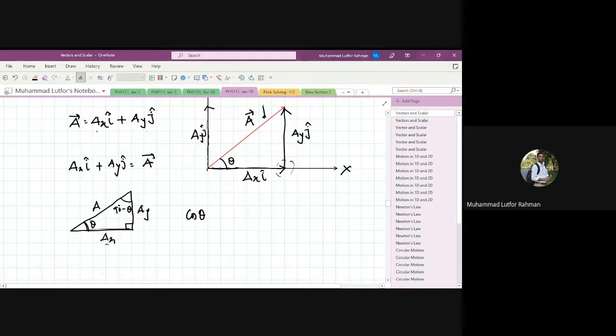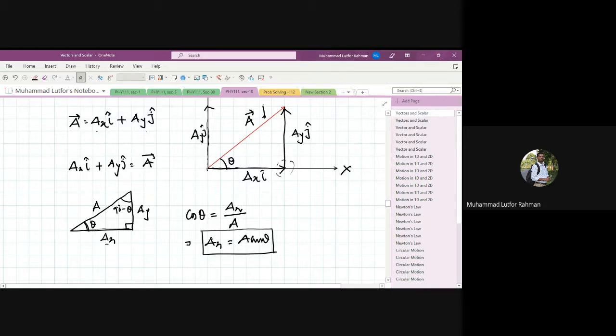I want to find that value, Ax. Then cos theta is defined as the base divided by the hypotenuse. The hypotenuse is A. This Ax, Ay, and A are scalars over here; I take the magnitude. Then in that case, Ax would be A cos theta, right? Just we know that.